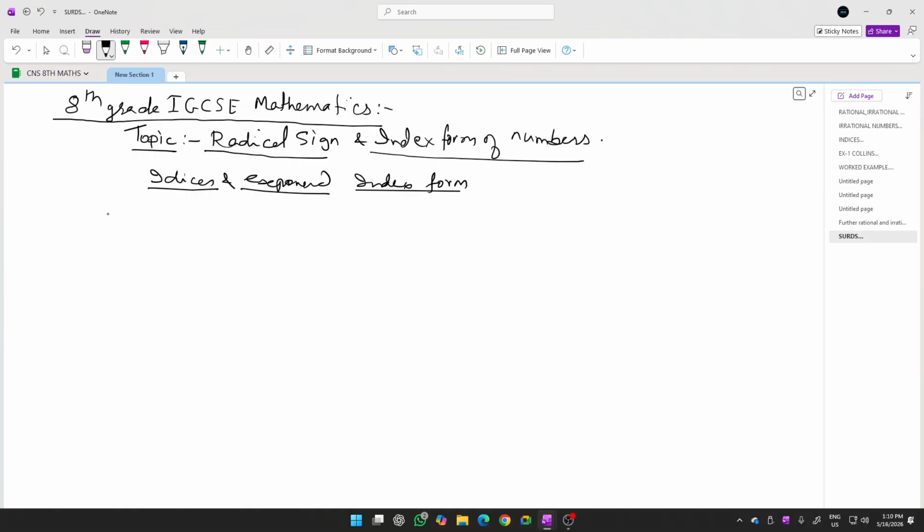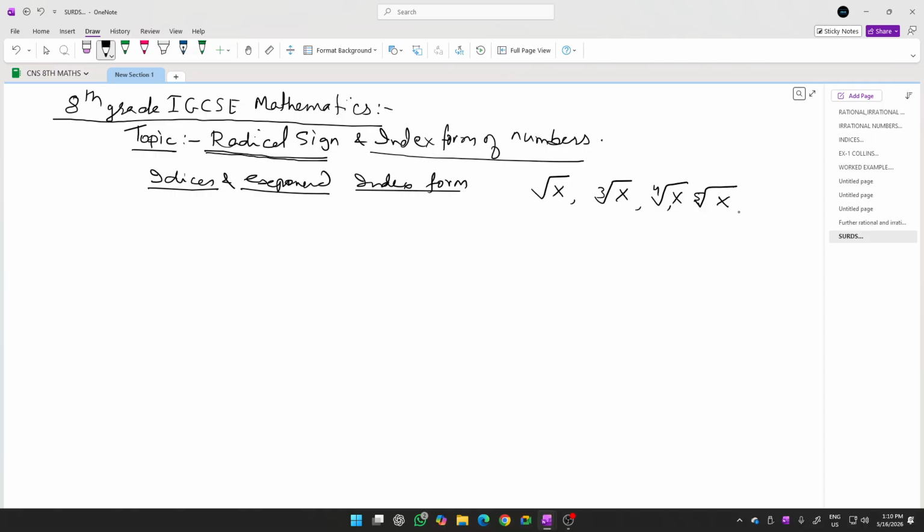Now today I'm going to talk extra about something called radical sign. What is this radical sign? This is a radical sign. You must have seen these in mathematics. You have numbers of this type, where you will have some number inside of it.